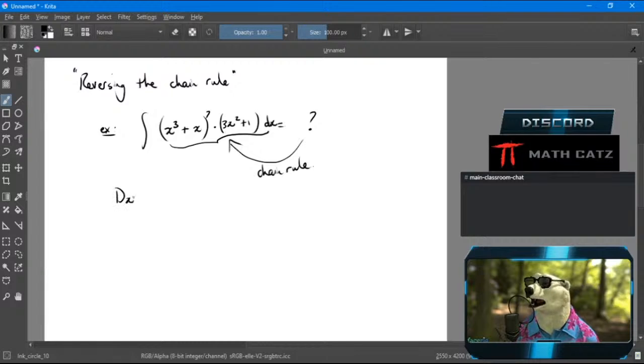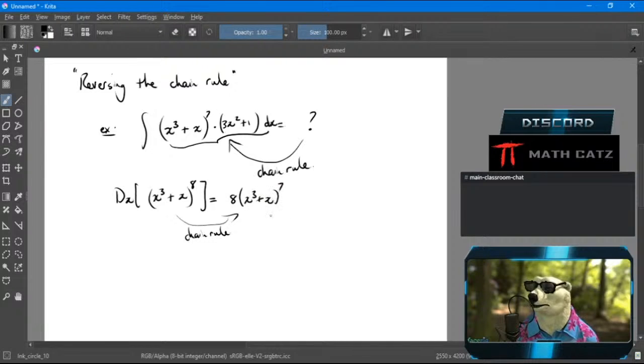To then say, if I guess x cubed plus x to the power of 8 has to be there, and that's going to be my first guess. If I try this, yes, it's a function of a function, so the chain rule works this way and creates two parts. The first part is the derivative of the outside function.